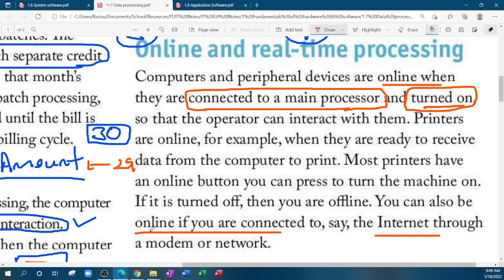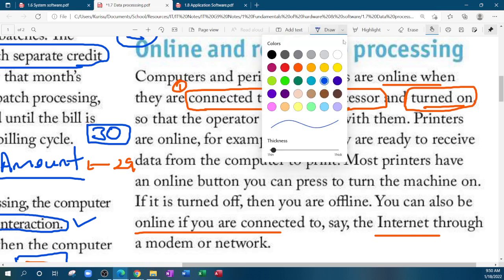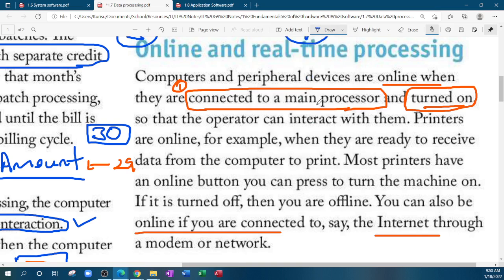Yes, sir. Good. So even when you're connected to the internet, so remember, we mentioned that we have to be connected to a computer, connected to a processor here. So you don't only have to be connected to a computer, a processor. You can also be connected online in that you are on the internet.